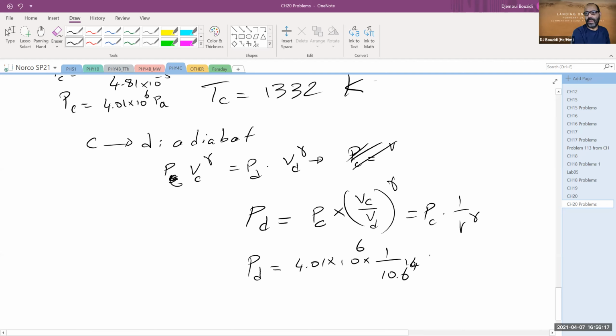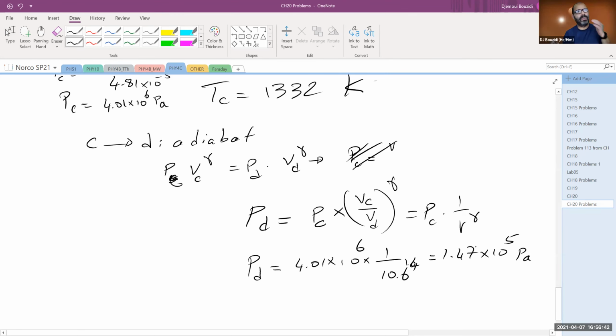So let's plug in the numbers. 4.01 divided by 10.6 to the power 1.4. So it dropped by a factor, to 1.47 times 10 to the power 5 Pascal.